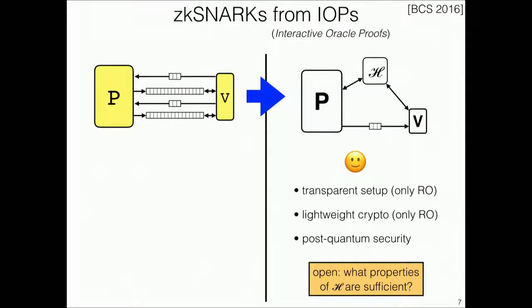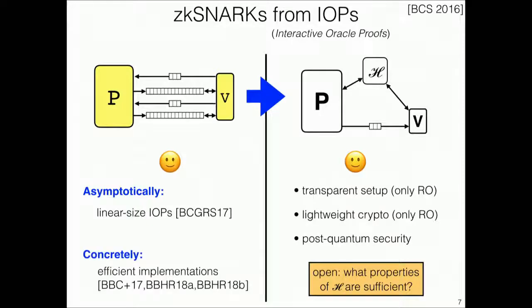And over the past few years, we have been able to show that within this model, we can still achieve all the previous advantages of PCPs while circumventing many of these efficiency barriers. For example, we were able to achieve interactive oracle proofs with optimal proof size. And also, we've been able to put forward concrete efficiency improvements by way of prototypes.